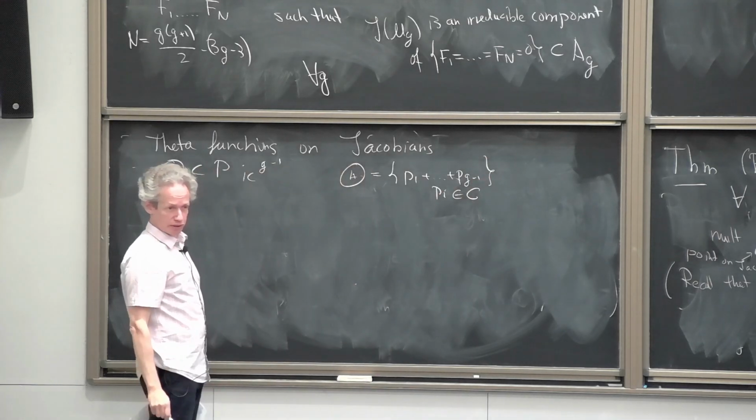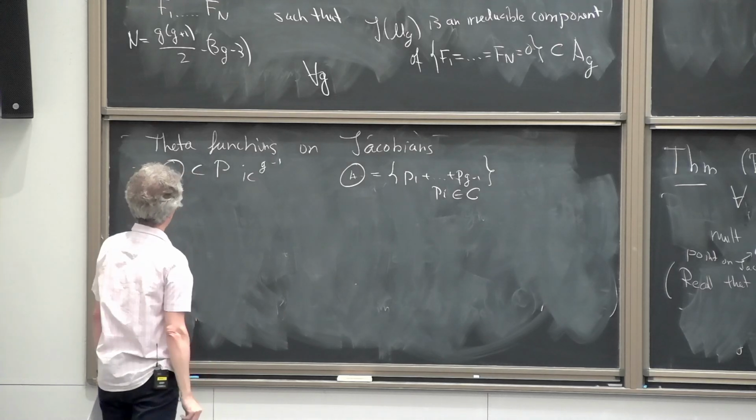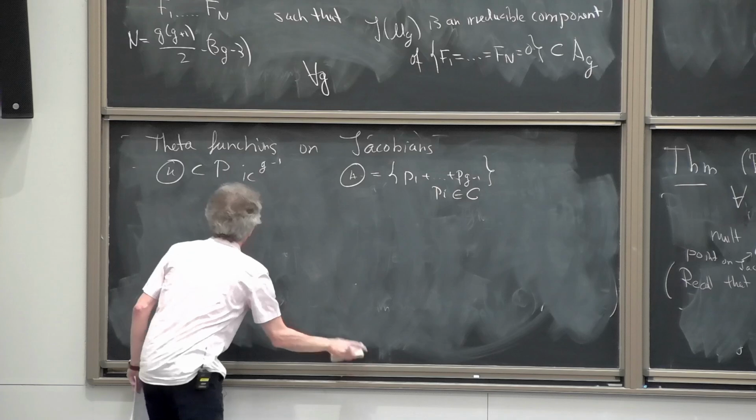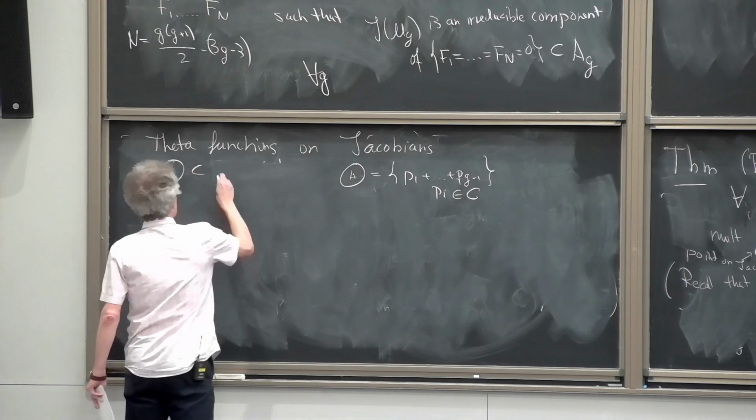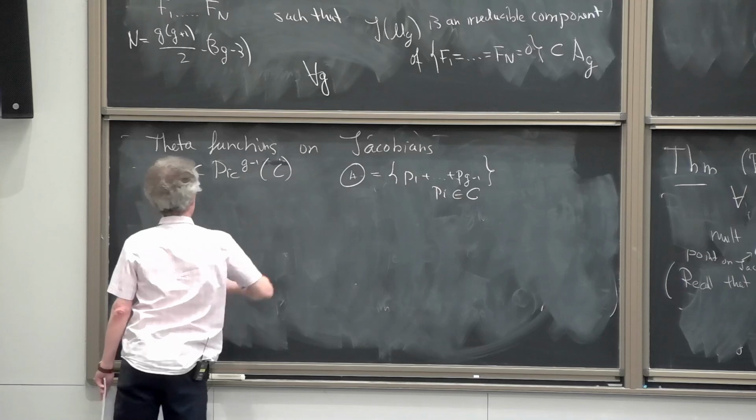That was my description of the theta divisor on the Jacobian. So this is just Sym^{g-1} of the curve.